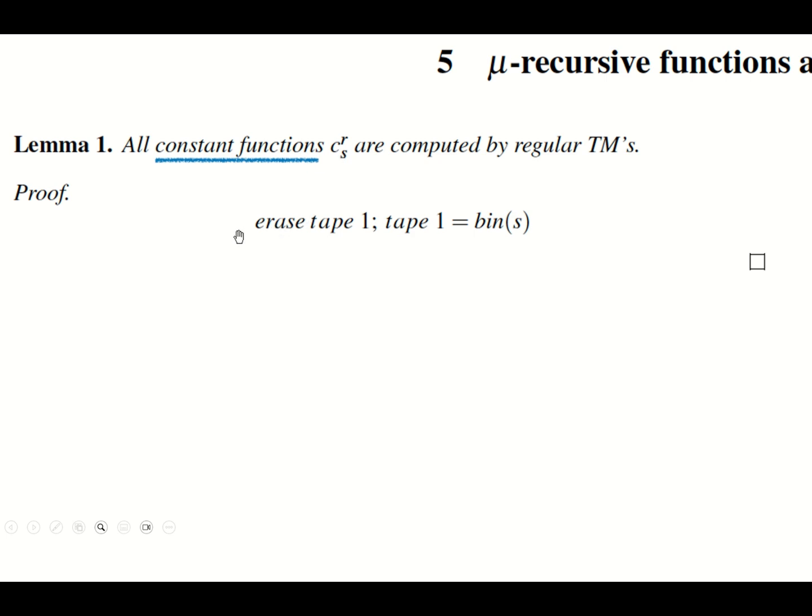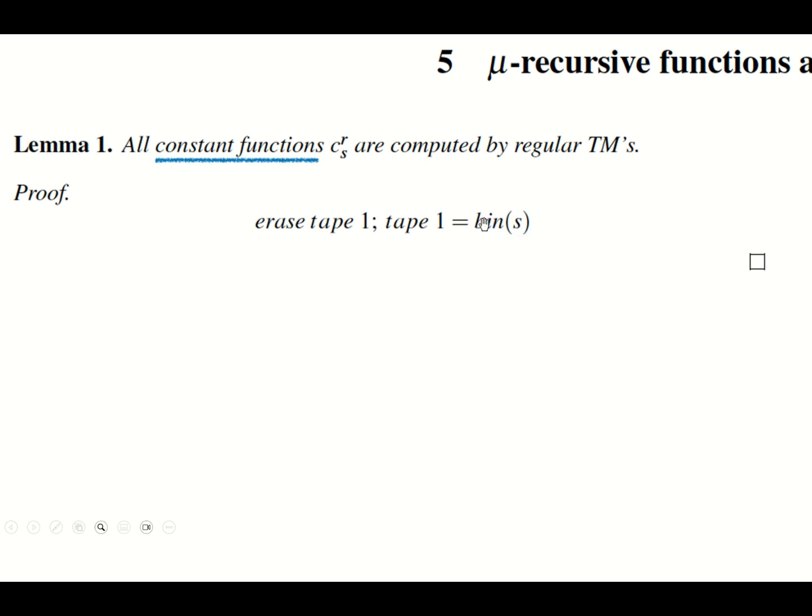Then what I should do, I erase tape 1. This is a Turing machine we already constructed. So it doesn't care what the input is. It has r many inputs on the tape, and it completely erases this input. And then this Turing machine with the semicolon, this is concatenated. We constructed how to concatenate Turing machines with a Turing machine that does tape 1 equals binary s.